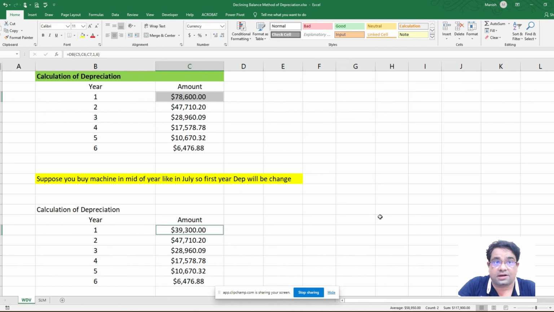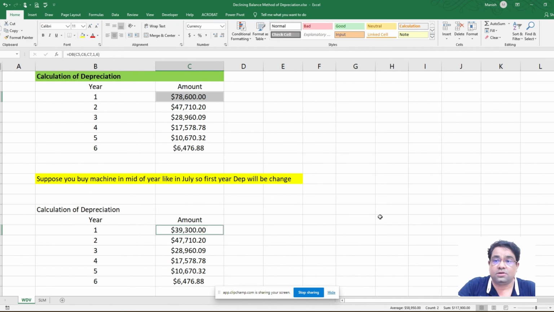You can take any date, like February or March, then the depreciation figure will change. But for the next years the asset is used for the whole year, so the other years' depreciation figures will be the same. Only the first year, because we are not using the asset the whole year, the depreciation figure changes.